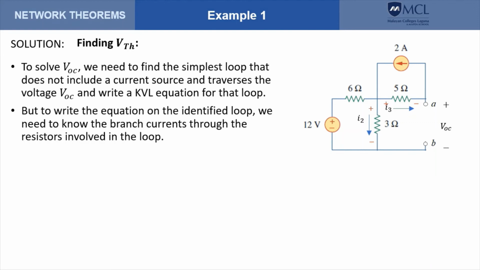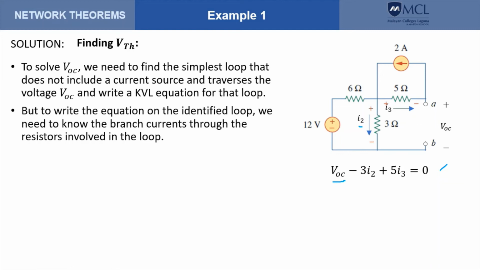Take note that the direction of the current is arbitrary. You could have an opposite or different direction for the current. Once we determine these currents, we can then write the KVL equation from where we can find VOC.